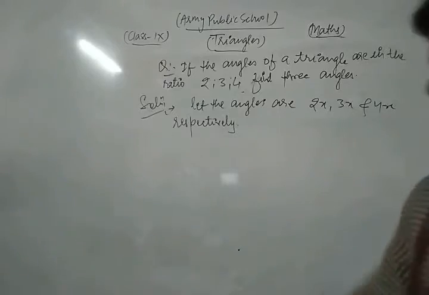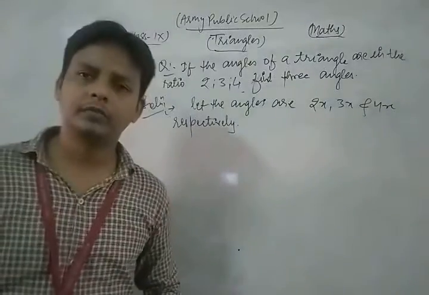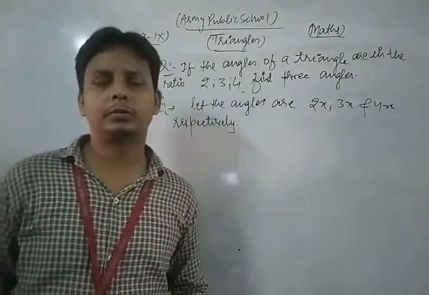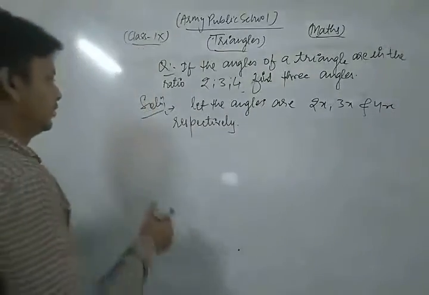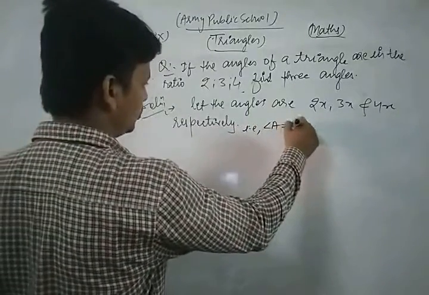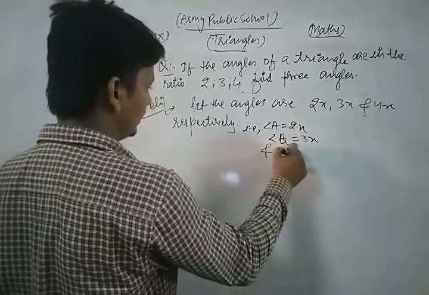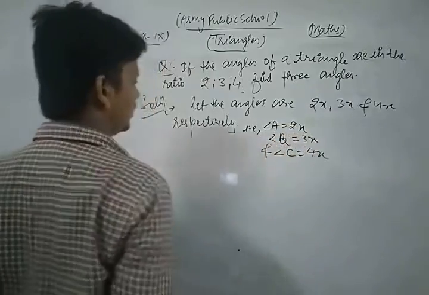Okay. Then, dear students, according to the property of a triangle, angle A is equal to 2x, angle B is equal to 3x and angle C is equal to 4x.